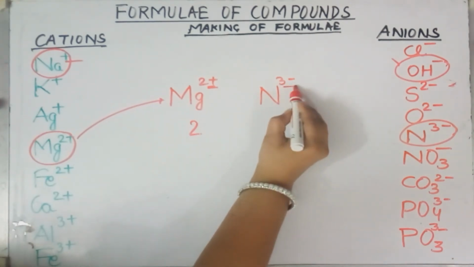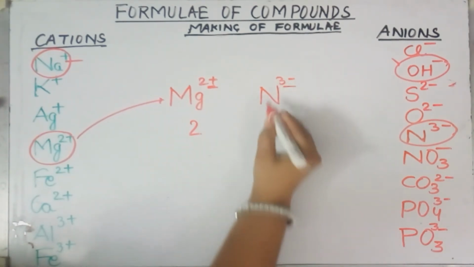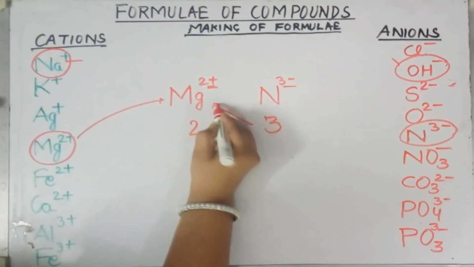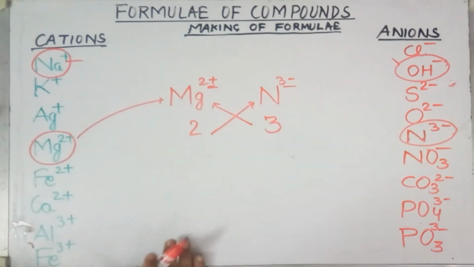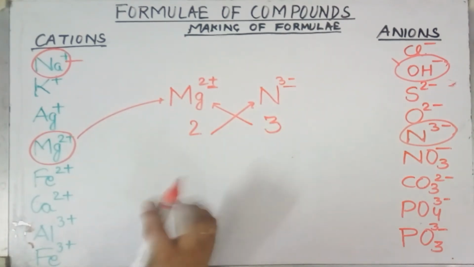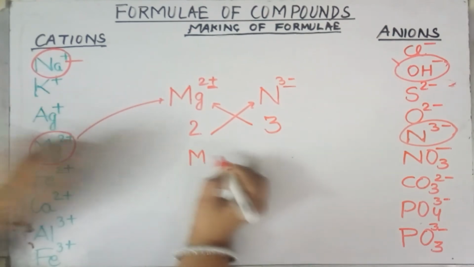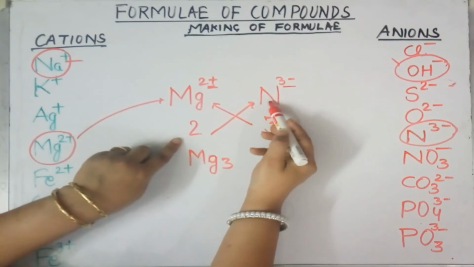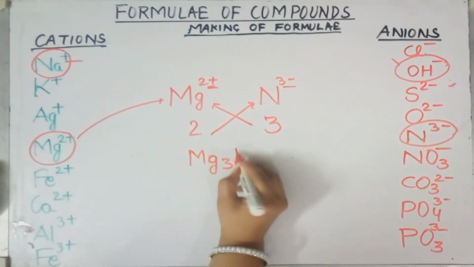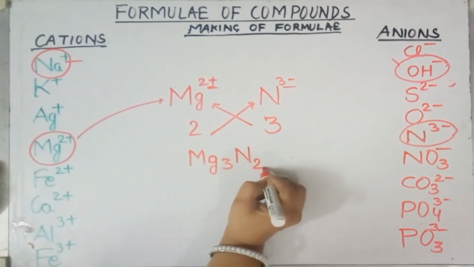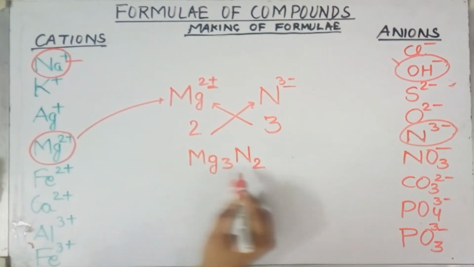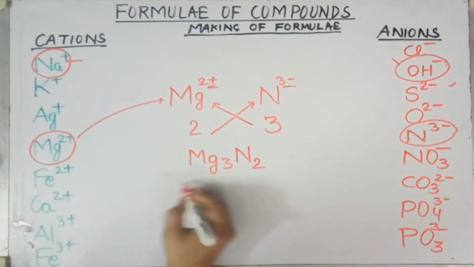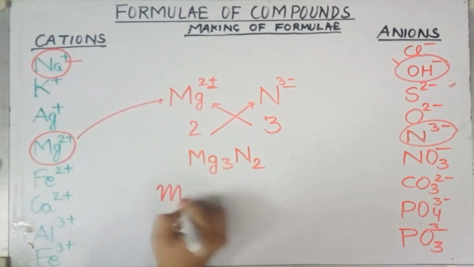This is nitride, which is having 3 minus charge, and that 3 you have to write down here. Cross multiply the charges of these ions with each other, and you will get Mg multiplied with the 3, so it becomes Mg3, and nitride is multiplied with the 2, so it becomes Mg3N2. And the formula of magnesium nitride will be Mg3N2. The name of the compound will obviously be magnesium nitride.